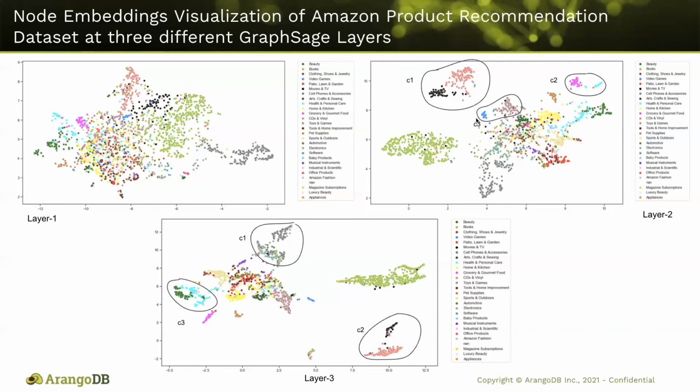It's similar with the third cluster, which is representing video games versus toys and games.